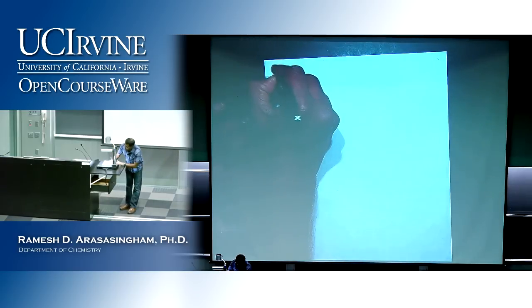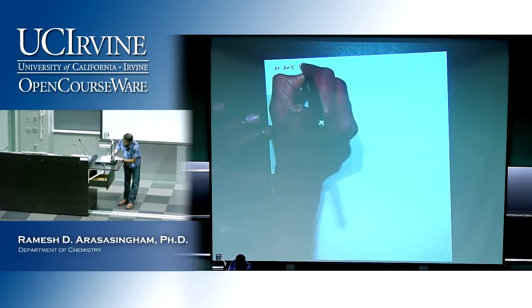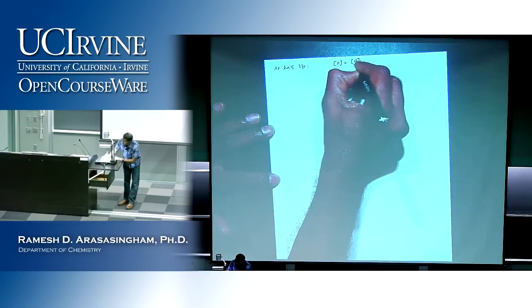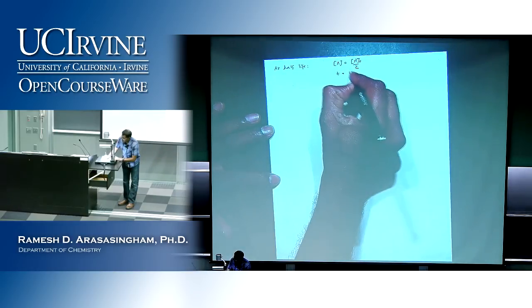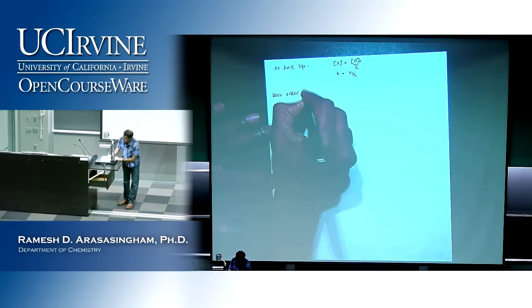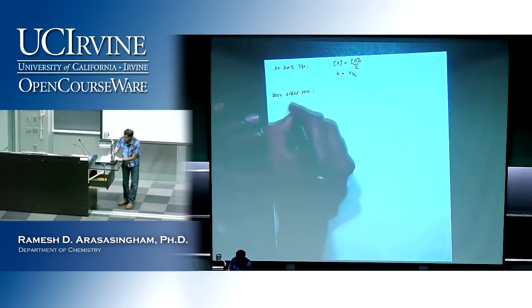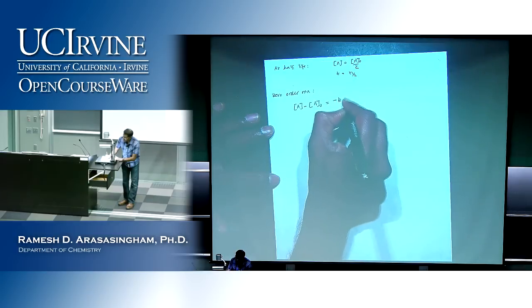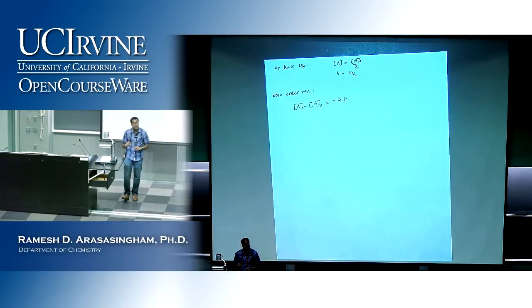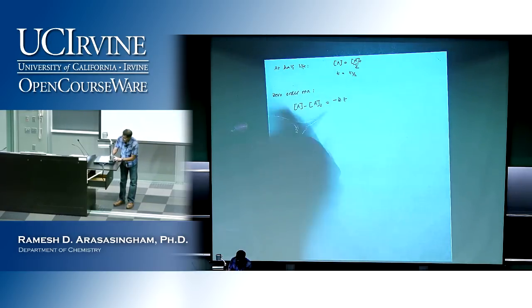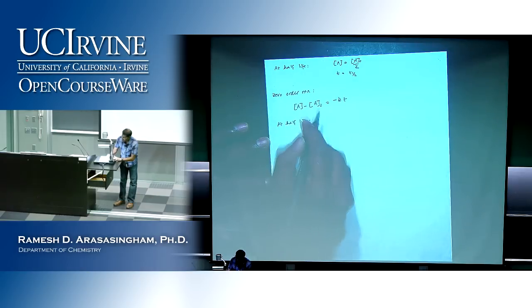So we know that at half-life, the concentration of A is A0 divided by 2, and we know t equals t half. And we know for a zero-order reaction, this is the concentration of A minus A0 equals negative KT. That's the one for zero order. Previously, I wrote it for the second order, okay? And so now I'm going to say at half-life, I'm going to replace the terms.